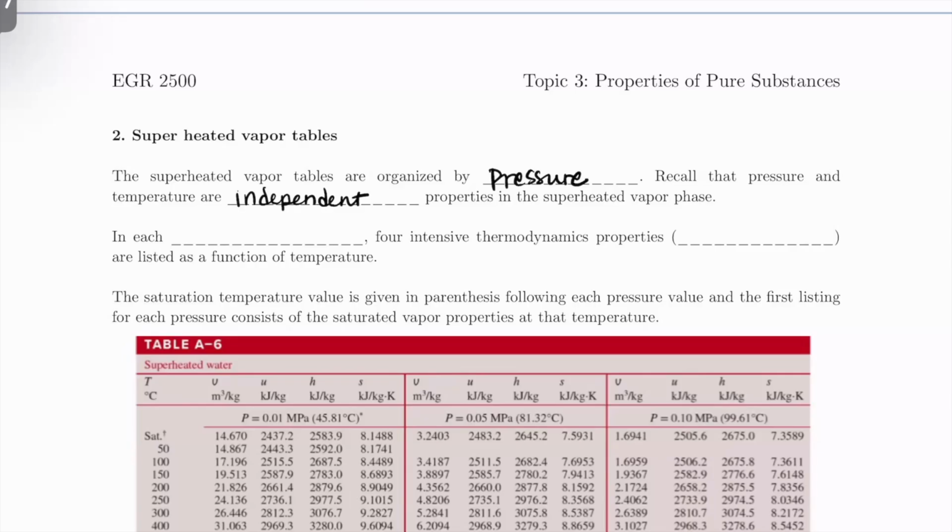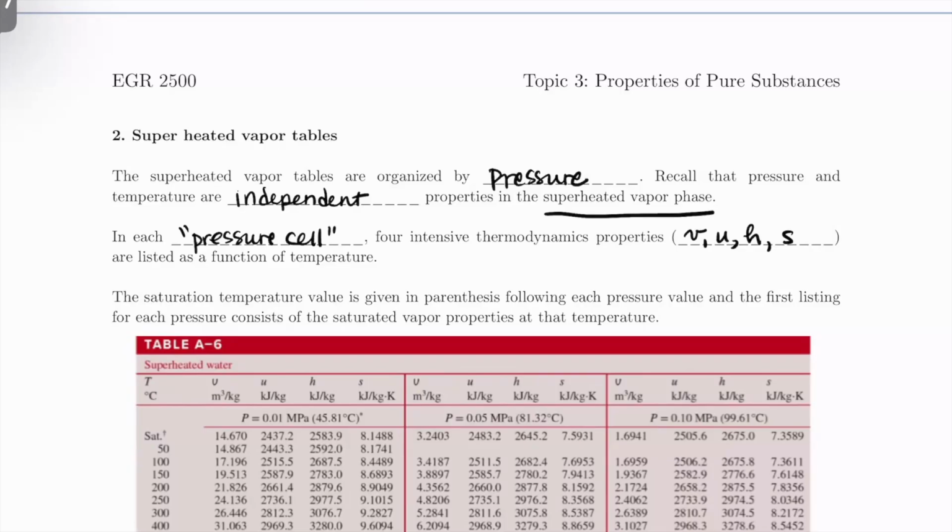So pressure and temperature are independent from each other in the superheated vapor phase. So in each pressure cell of this table, the four intensive thermodynamic properties are listed as a function of temperature. So we have our specific volume, our specific internal energy, specific enthalpy, and specific entropy.